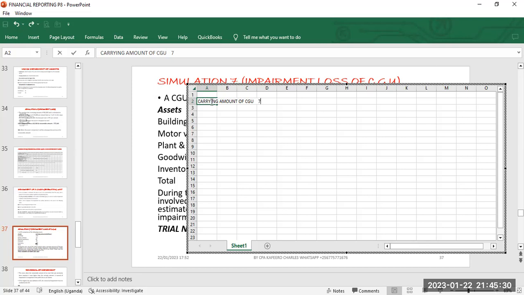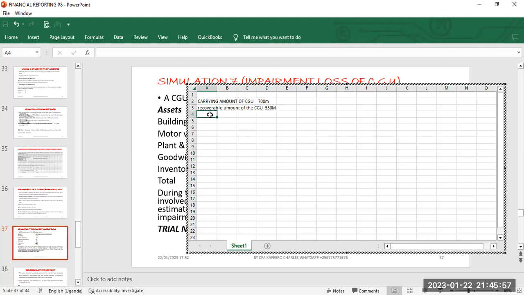Carrying amount is 700 million. Permit me to use M, not write the whole of the figures. Then our recoverable amount of the CGU is 550 million.